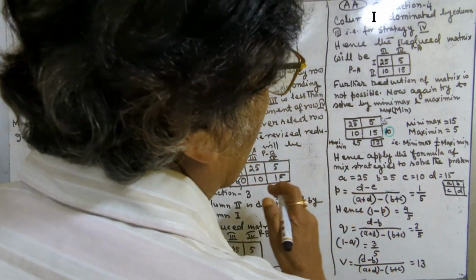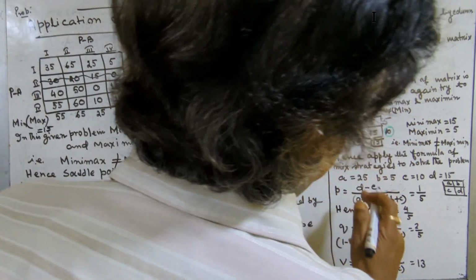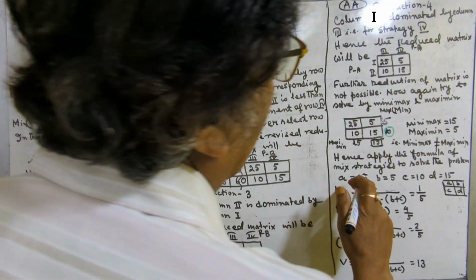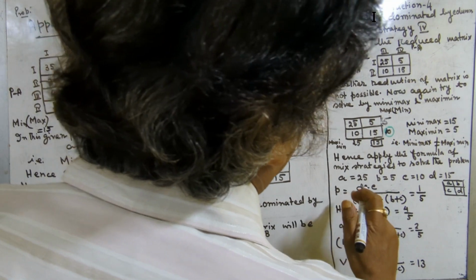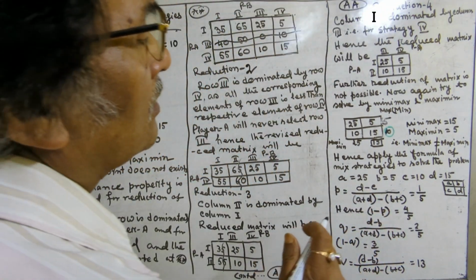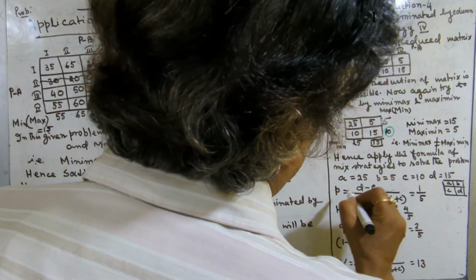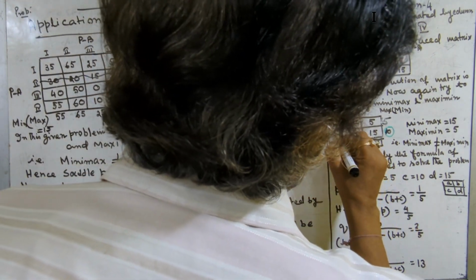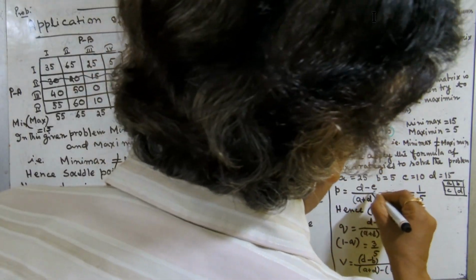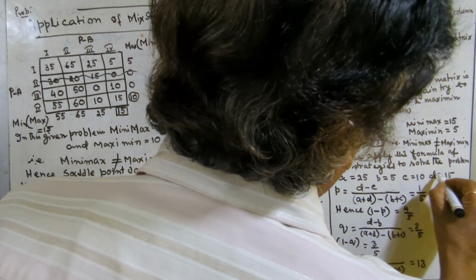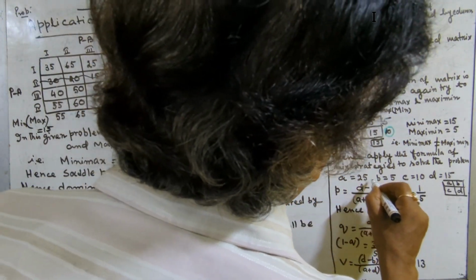And mixed strategies, we have already shown in my previous video how to apply them, and the formula we developed there. That means in this case you have to apply the strategies in probability form. The probability P for player A will be this, and I have already noted the values above.